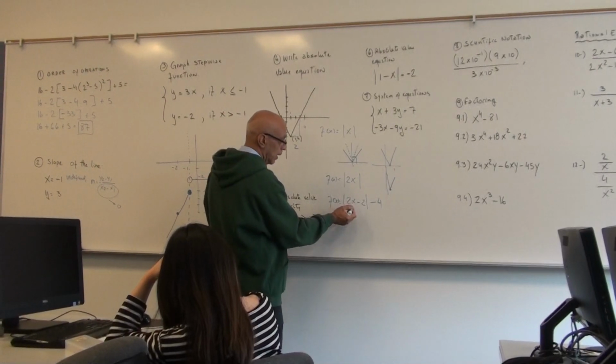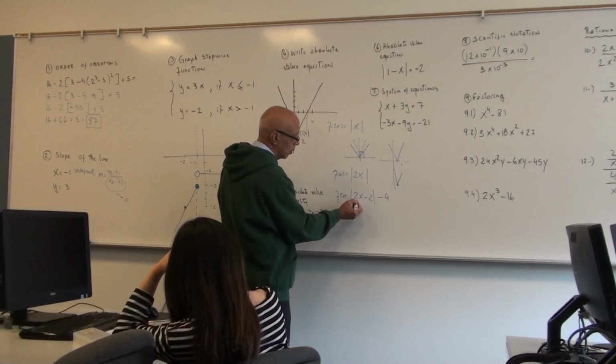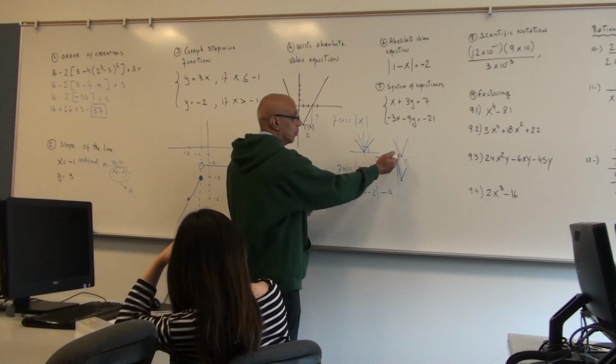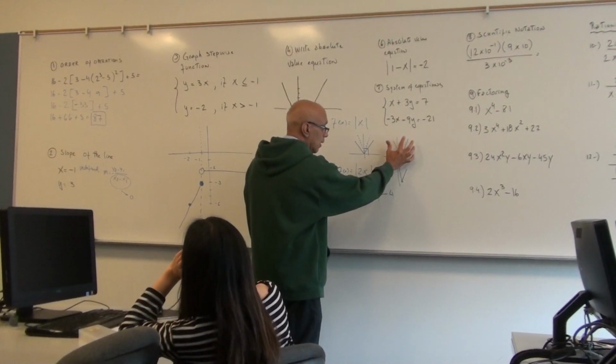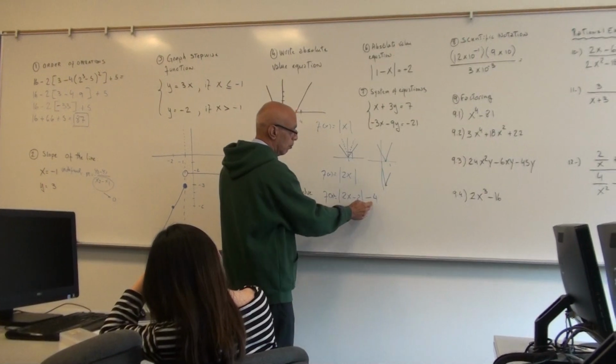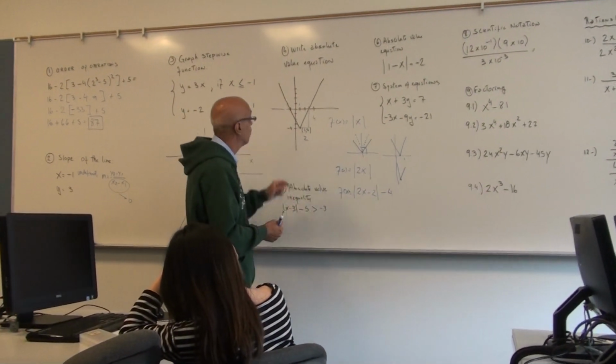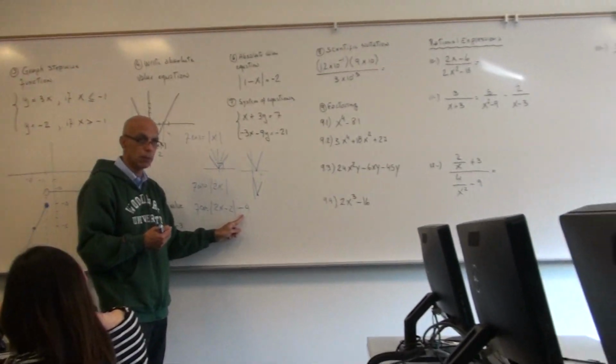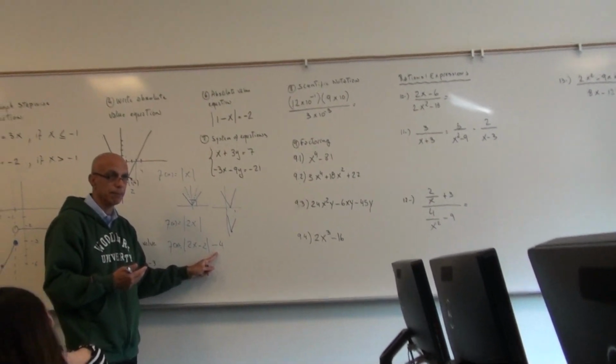Look, when x is 1, 2 times 1 is 2, minus 2 is 0. So you got the function equal to 0 at this point. And then you bring it down by -4. If the v was up, you would have to add 4 instead, or whatever number it is, okay?